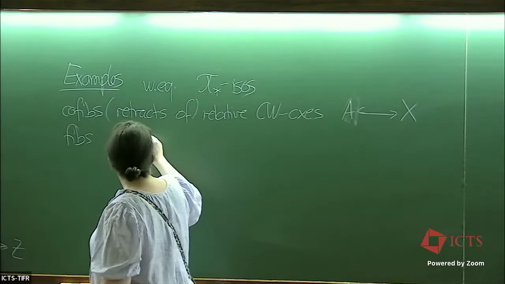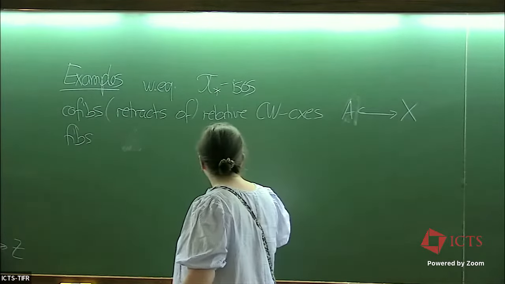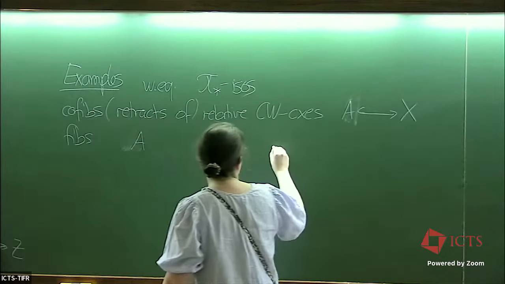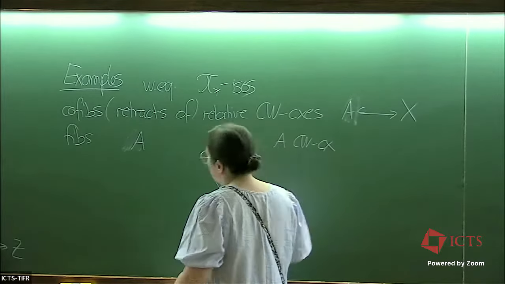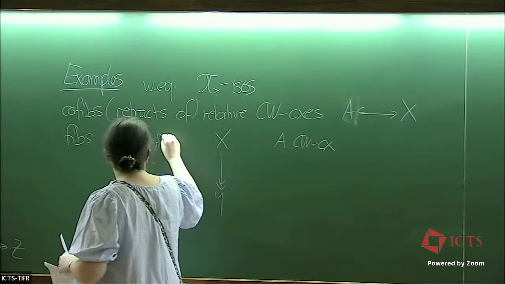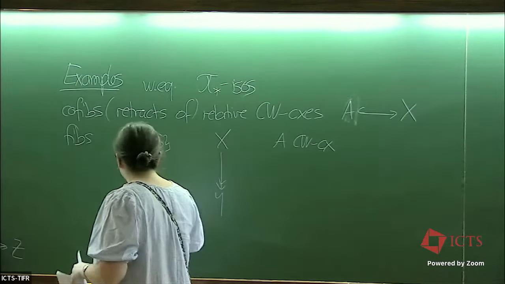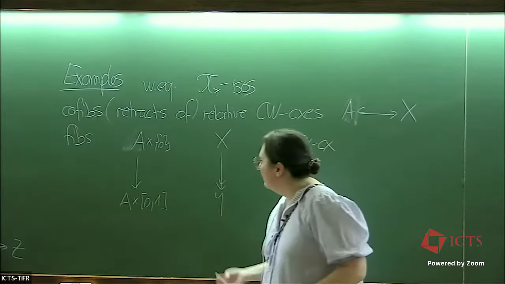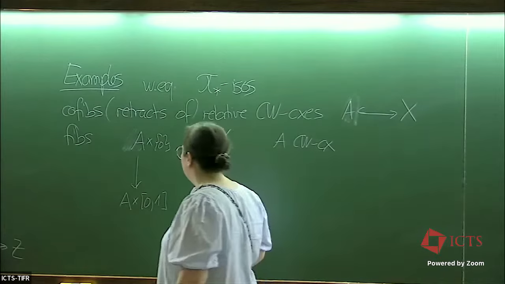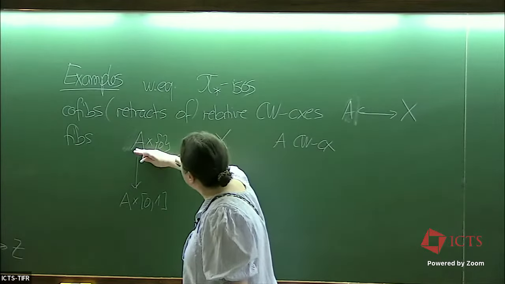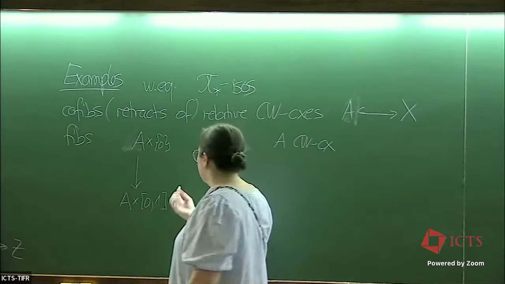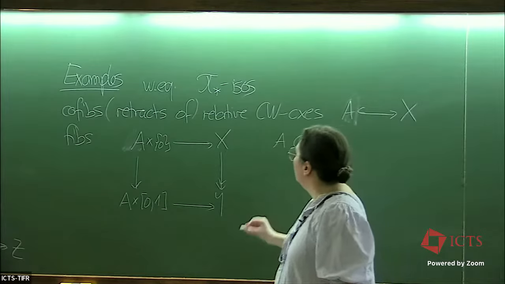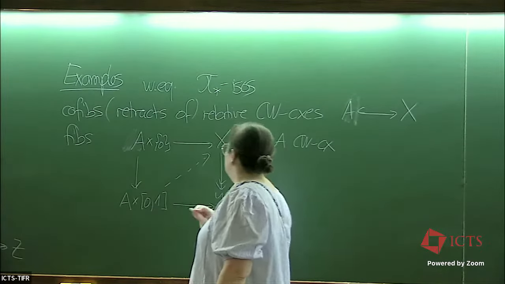So they are all those maps such that if you put a CW complex here, and so you take one copy of A, and then you include it into the product of A with a unit interval, so the cylinder of A. So you can think of that as including A into the bottom of the cylinder on A. So for every commutative diagram like this, you have a lift here.